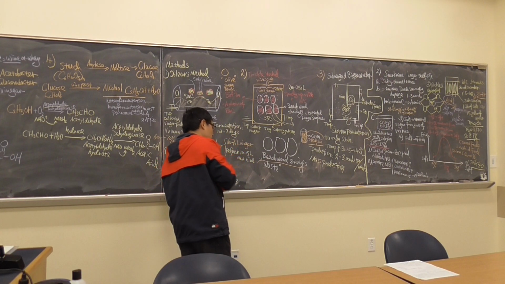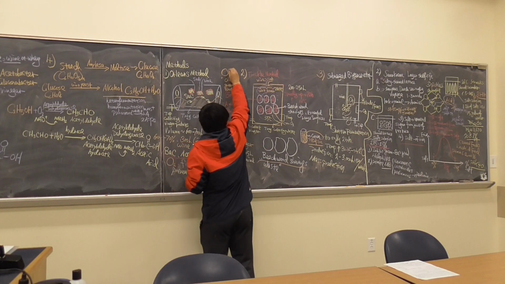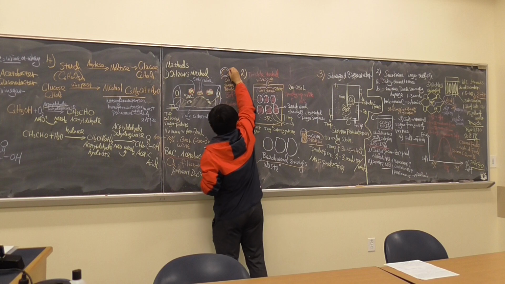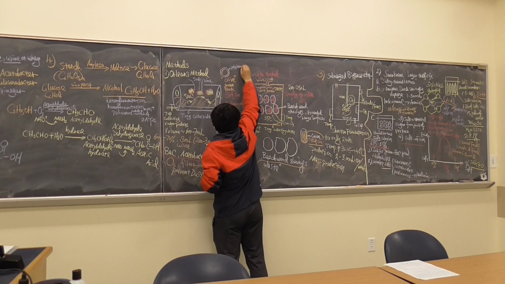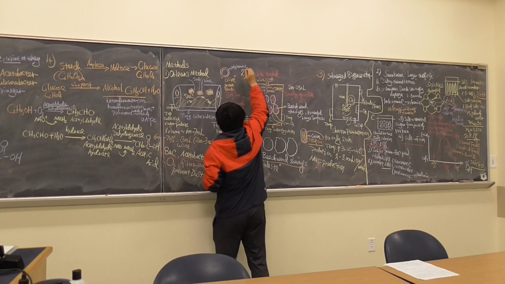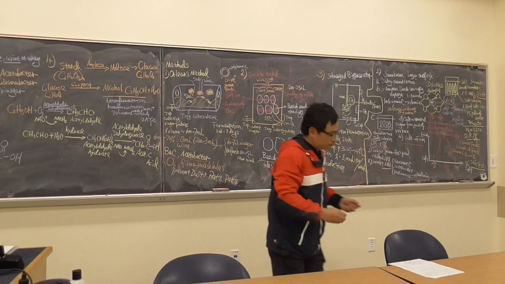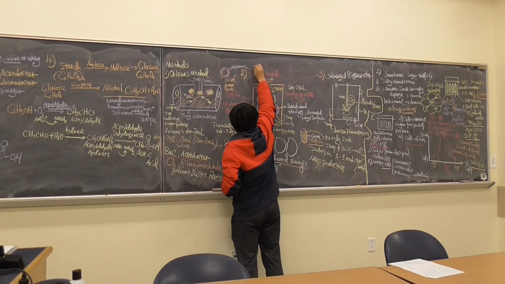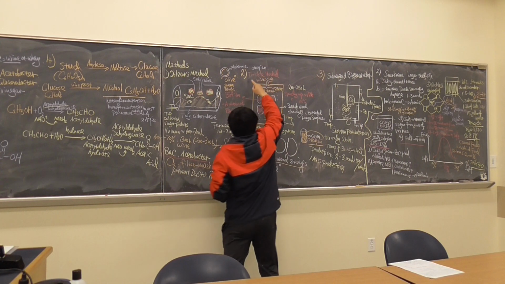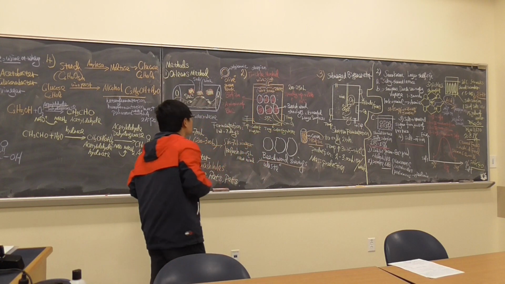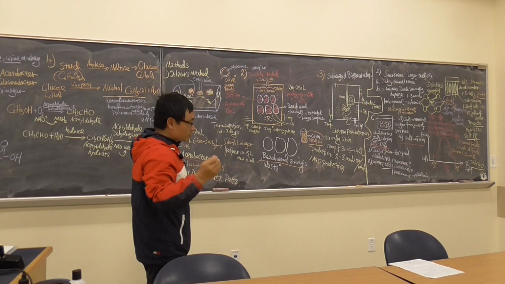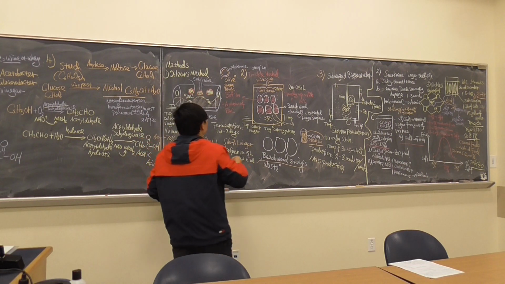So what happens for the bitter taste? On the surface, there are polyphenolic compounds, and the name is called oleuropein. This polyphenolic compound makes olive very bitter, so we don't like it.